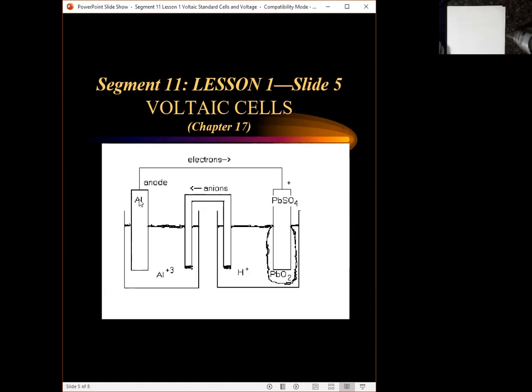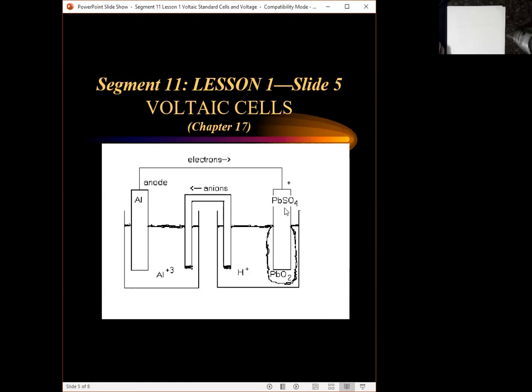You've got an aluminum cell in the presence of aluminum ion. You've got a lead sulfate cell with lead dioxide coating its surface. So the lead sulfate is actually on a real car battery. The lead sulfate is also attached to a lead electrode that comes out the top of the battery.